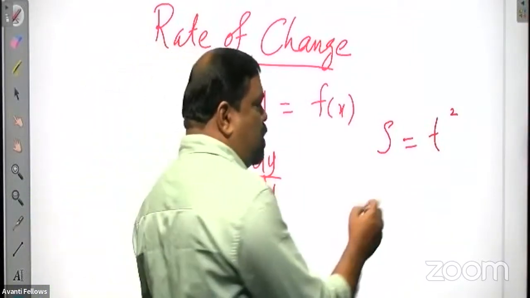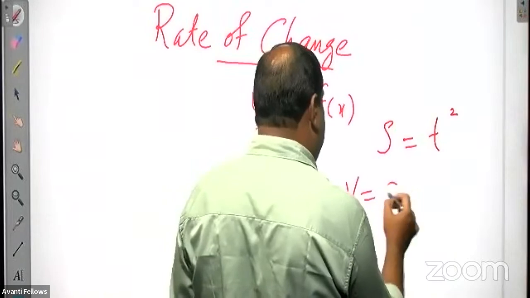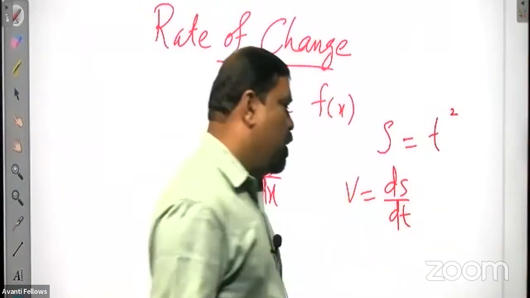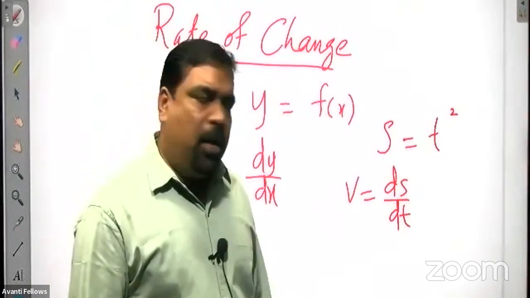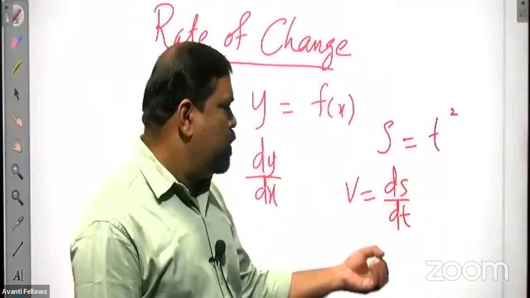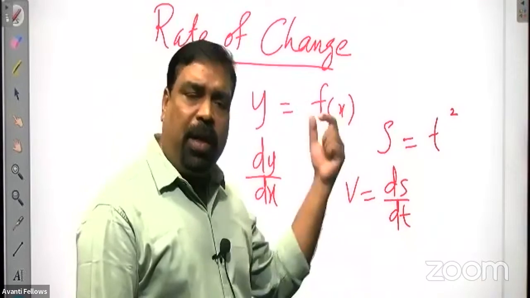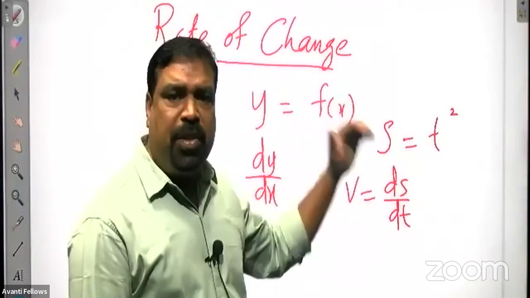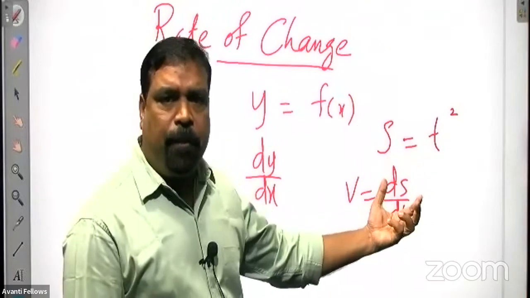So we know what velocity is. The velocity is nothing but the rate of change of displacement, ds by dt. All these things you are familiar with. So ds by dt stands for rate of change of displacement.